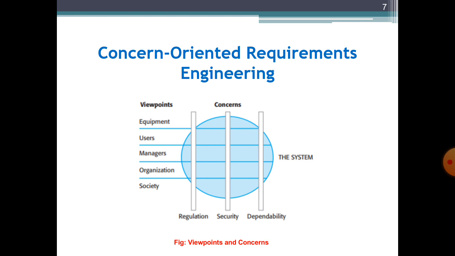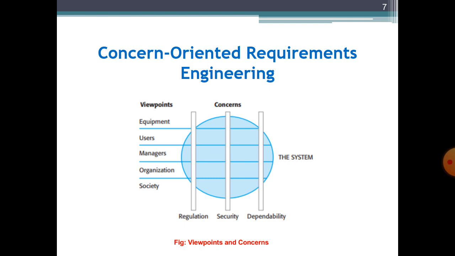Like users, managers, organizations, and societies are our groups of related stakeholders. So these are our viewpoints from multiple stakeholders, which belong to different groups. Here you can see that it is one way to separate core and secondary concerns.